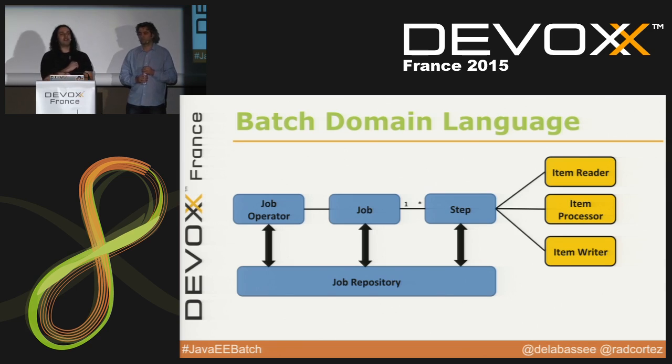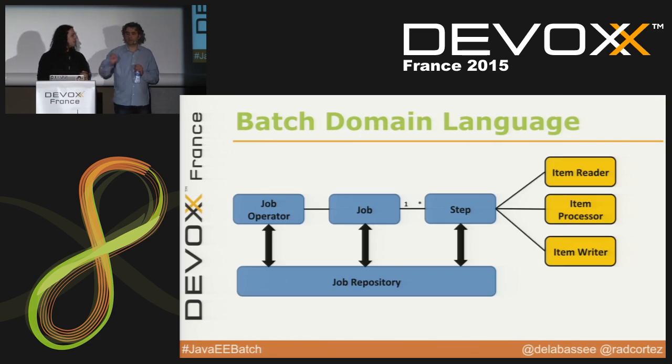Then you have something called a job operator, which is an object that you're going to use to access your jobs. And then you have one job. That job has multiple steps, and usually the step you're going to use the most is the chunk-oriented style. You're going to have something called an item reader, an item processor, and an item writer.